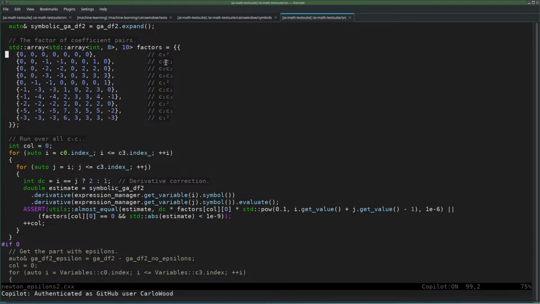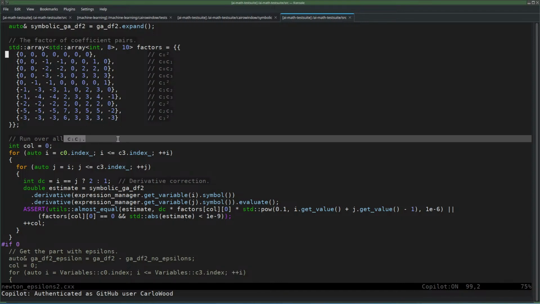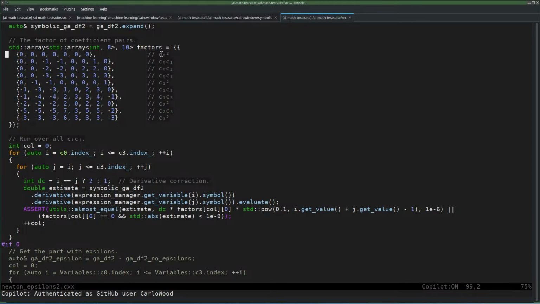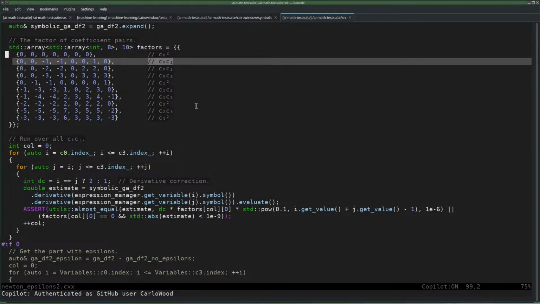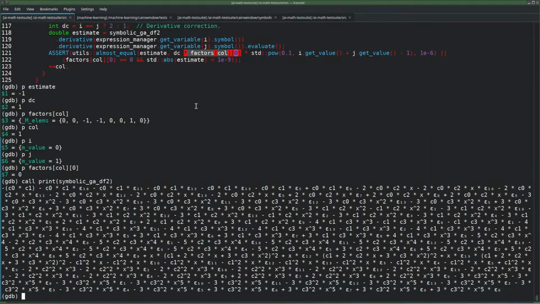So we get C0, C1, and then C0, C2, C0, C3, because that is CI, CJ, as it says here. And every time call is incremented by 1. So call is 0, 1, 2, 3, 4, 5, 6, 7, 8, 9. And right at this moment we are talking about the 0, 1, and then call is this one, or no, it means call is 1. That's what I saw. Call is 1.